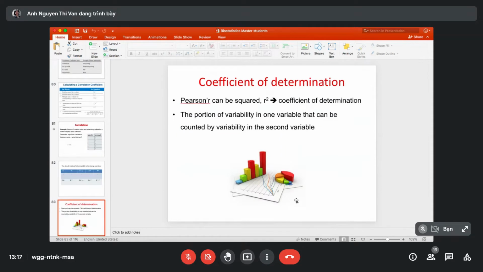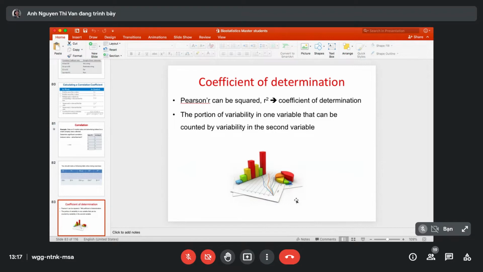Today we continue to talk about the Pearson correlation with the coefficient of determination. If R is the correlation coefficient, we can take the square of R, and the value of R square is the coefficient of determination.